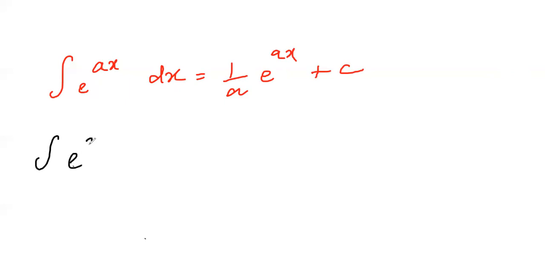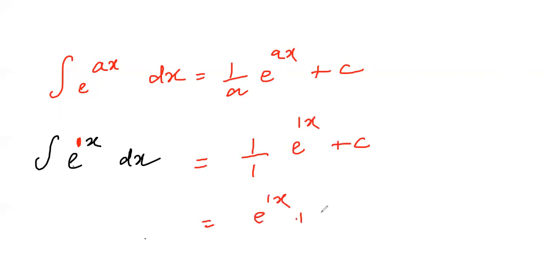So integration of e power x dx means here you do have 1, right? 1 into x is also x only. So it will be 1 by 1 e power 1x plus c. 1 by 1 is 1 only, you don't have to mention that. E power 1x also you don't have to mention, e power x plus c. That is why integration of e power x is e power x.